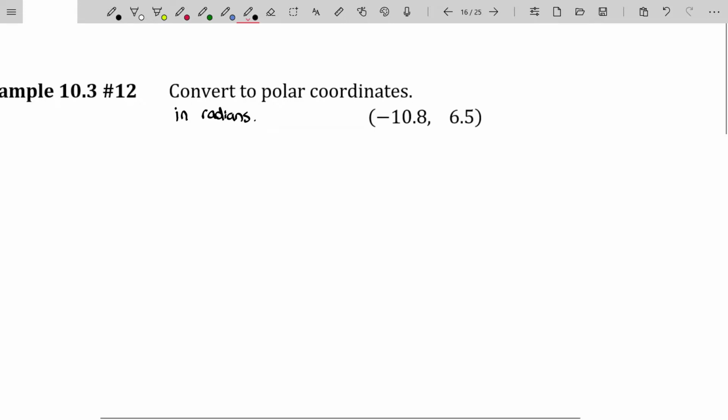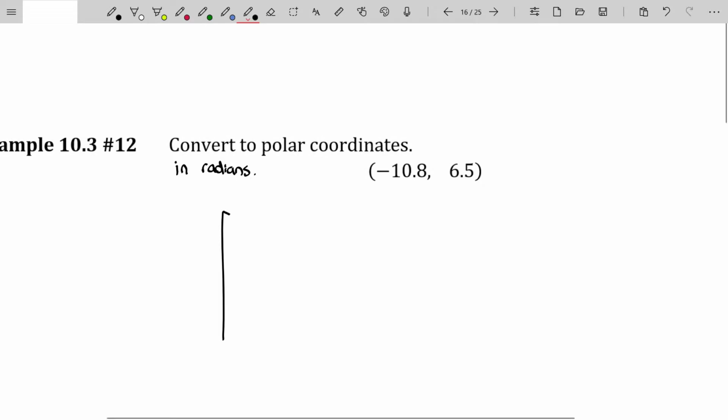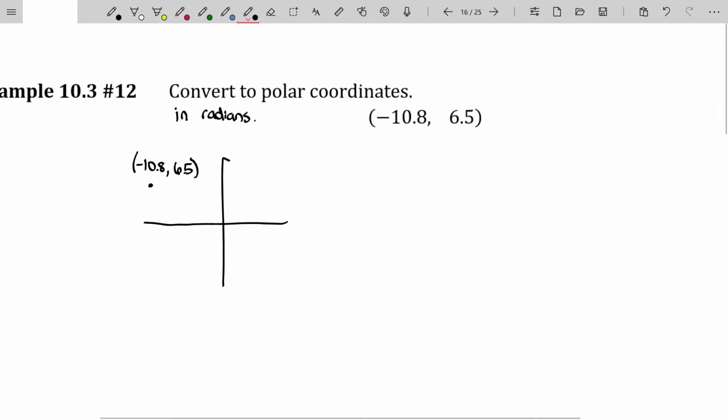So it's not really any super difference between what we've been doing, but let's go ahead and do that. So in Cartesians, the point looks like this. Back -10.8, up 6.5 units. So something like this. I don't need to be super accurate. There we go. I know the radius, the distance there, is given from the Pythagorean theorem.